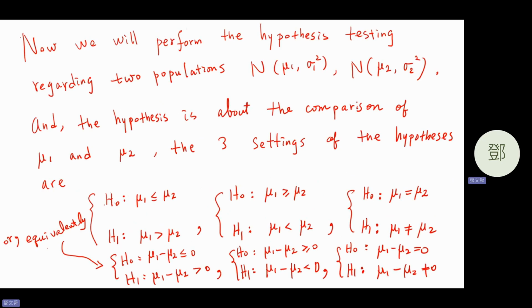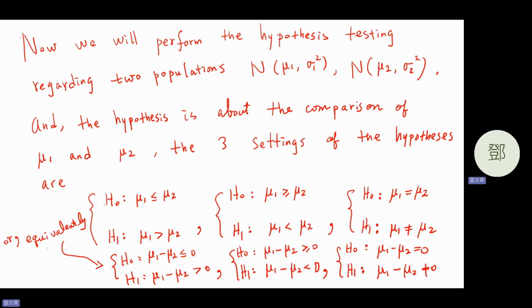Now we perform the hypothesis testing regarding two populations. The first population has mean value mu1 and standard deviation sigma1. The second population has mean value mu2 and standard deviation sigma2. The hypothesis is about the comparison of the values of mu1 and mu2.